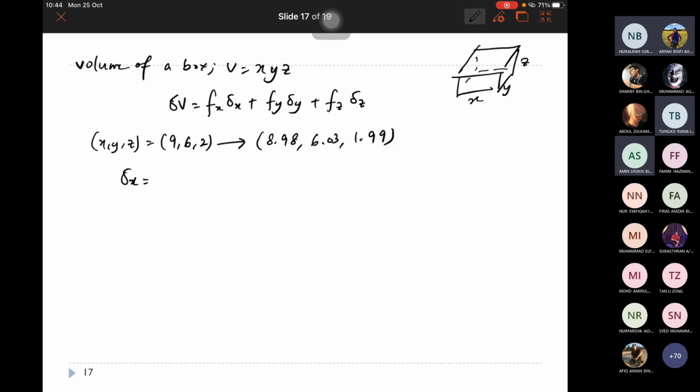So delta X will be equal to 8.98 tolak 9.0. You will get the changes in X is negative 0.02.